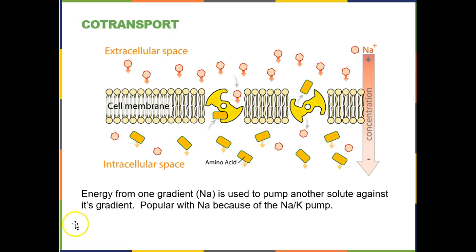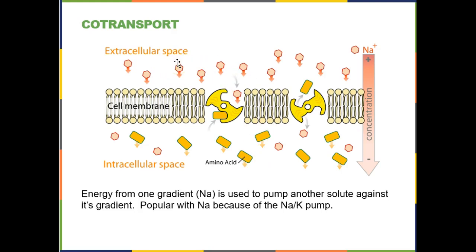Cotransport is when the energy from a gradient of one molecule is used to pump another molecule against its gradient. So here we go back to our friend sodium again. Because all of your cells have the sodium-potassium ATPase in them, then in every cell in the body, there's a lot of sodium outside the cell, not so much sodium inside the cell.